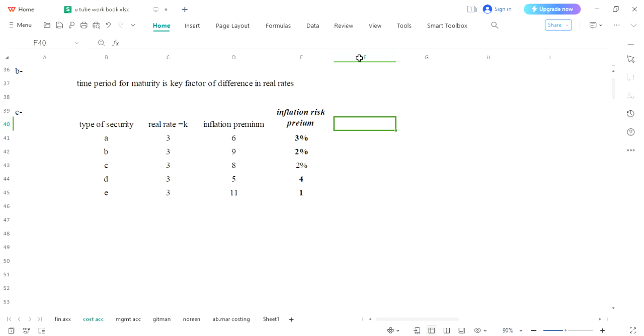your final nominal rate, and nominal rate would be calculated by adding real rate, inflation premium, and inflation risk premium.